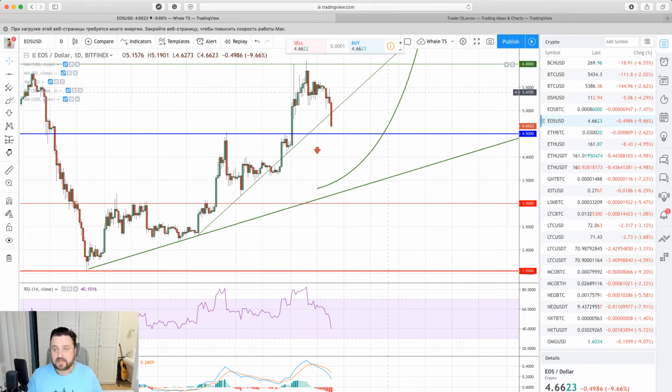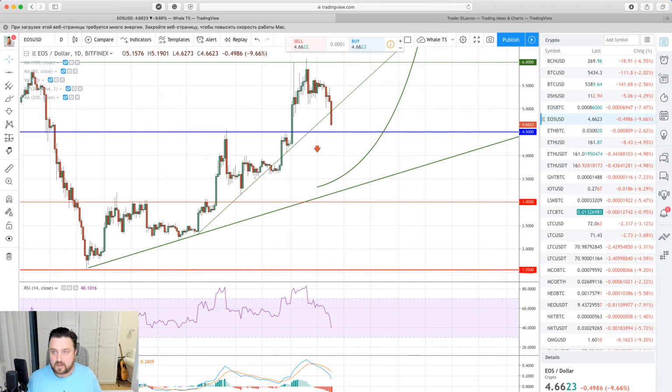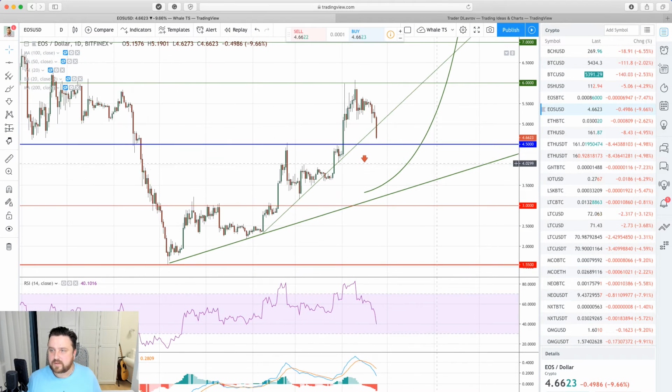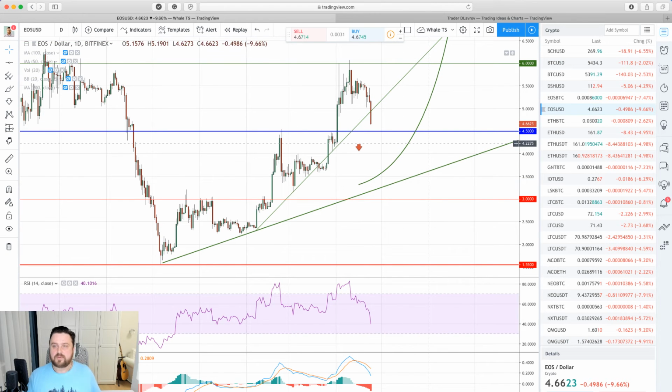But if the price breaks this support level, it can also be a reversal from the main uptrend line and continuation of the uptrend. It also will be logical. Again, we can just say that price may bounce from these lines and levels, but nobody can guarantee that it will.